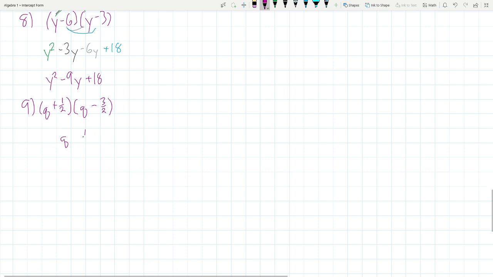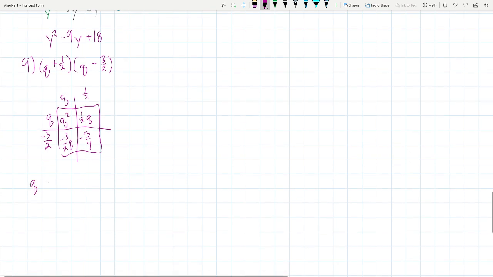Alright, so q and 1/2, q and negative 3/2. So I got q squared, 1/2 q, negative 3/2 q, negative 3 over 4.